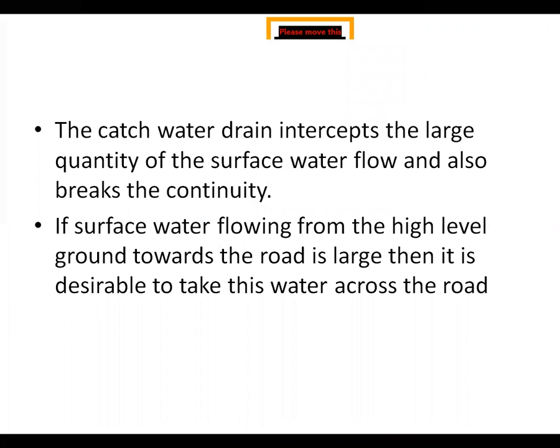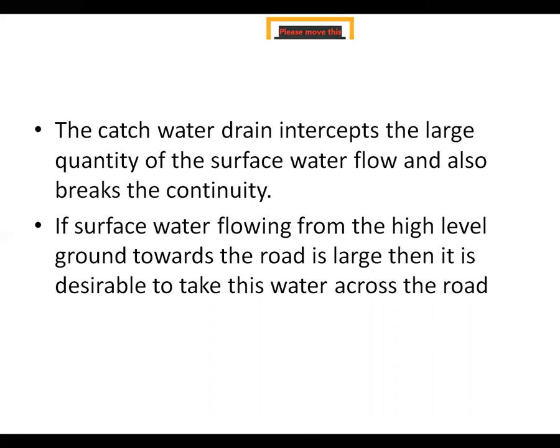The function of a catch water drain: it intercepts the large quantity of surface water flow and also breaks its continuity, reducing some amount of volume. If the surface water flowing from the high level ground towards the road is large, then it is desirable to make this water cross the road.